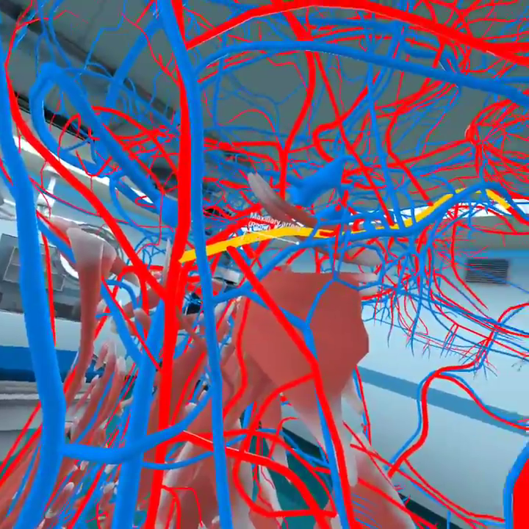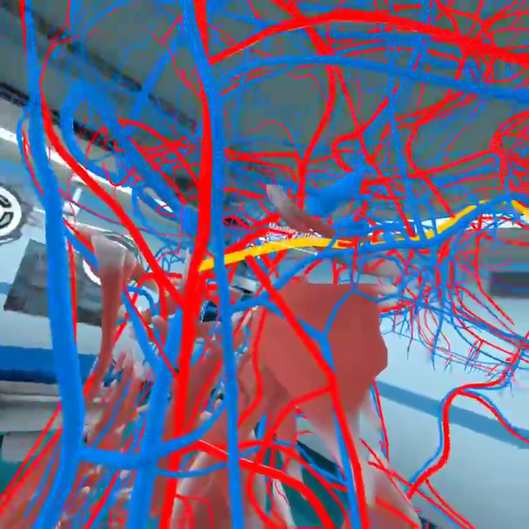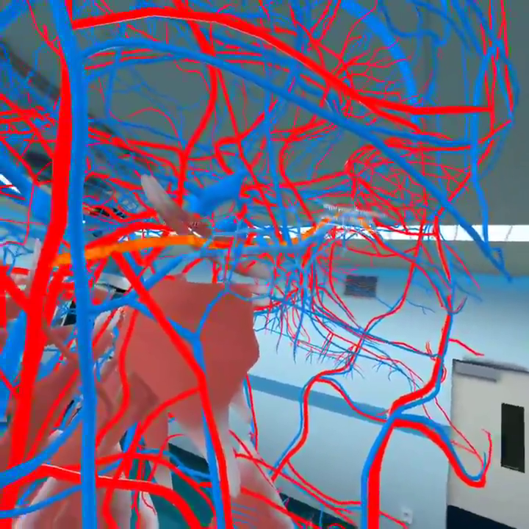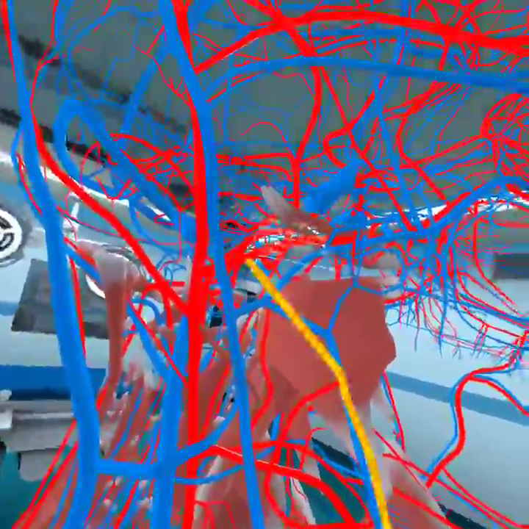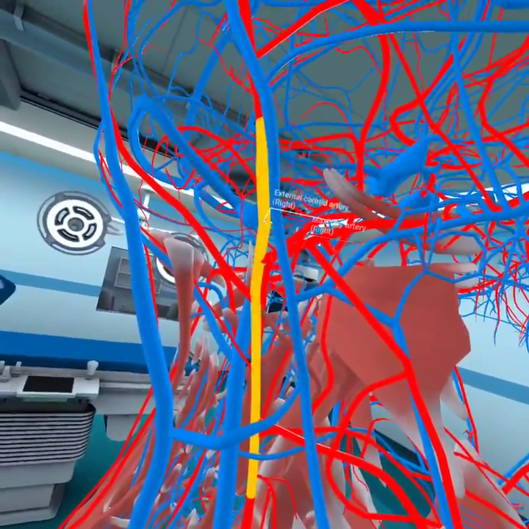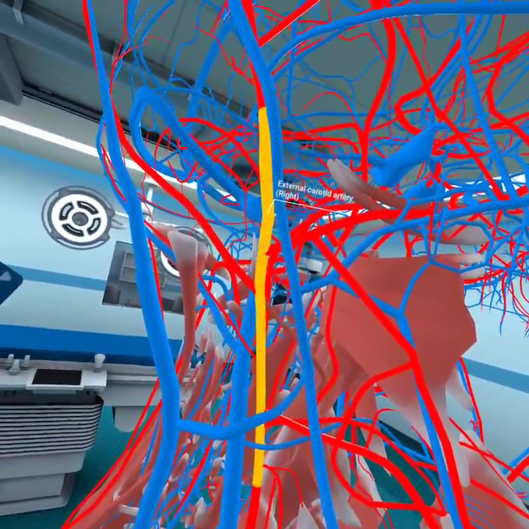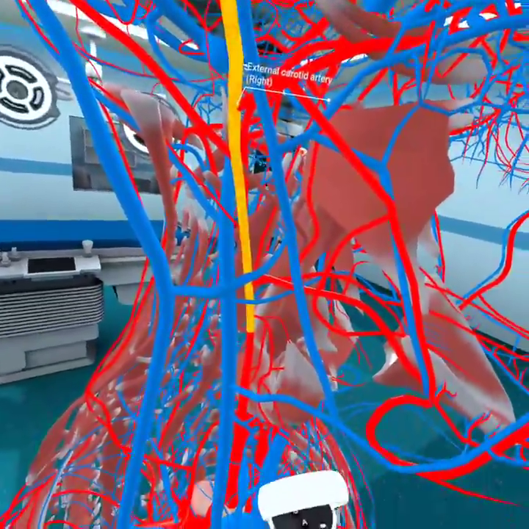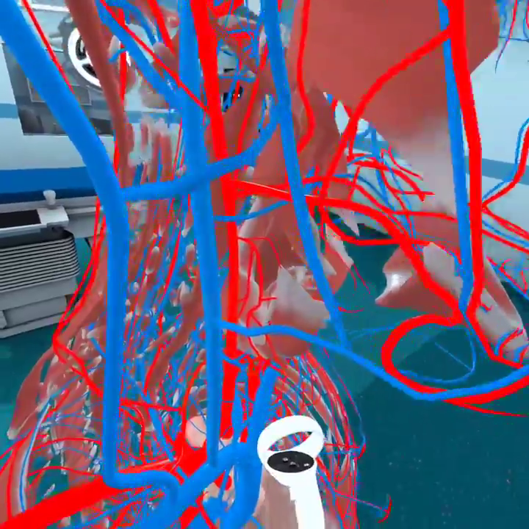The maxillary artery also supplies the upper area of the neck. So we have that maxillary artery coming off of the external carotid artery here at this junction and going lower, more from where it came from.